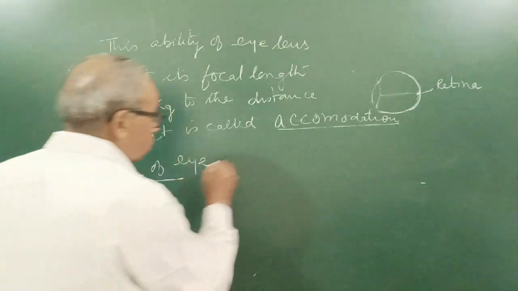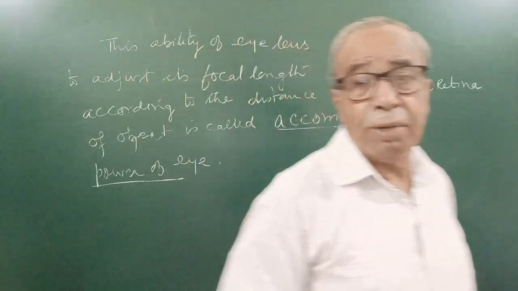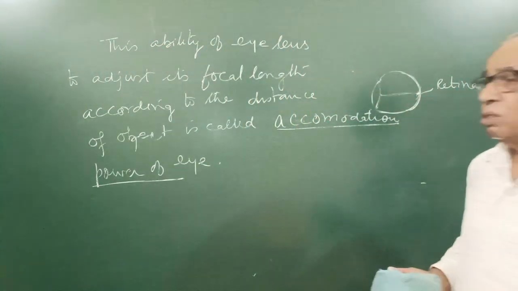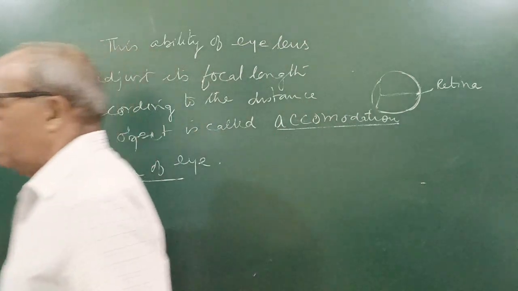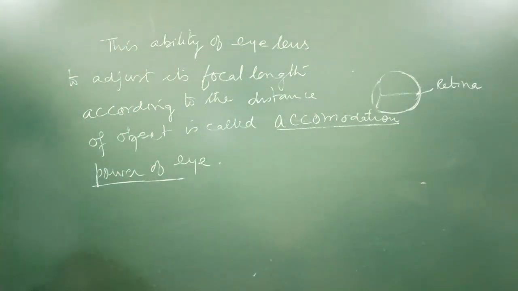This is very important to learn. What is the accommodation power of the eye? So I simply defined it as the ability of the eye lens to adjust its focal length according to the distance of the object from the eye.